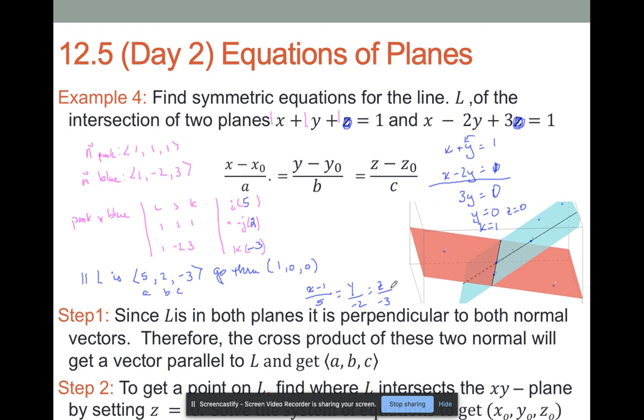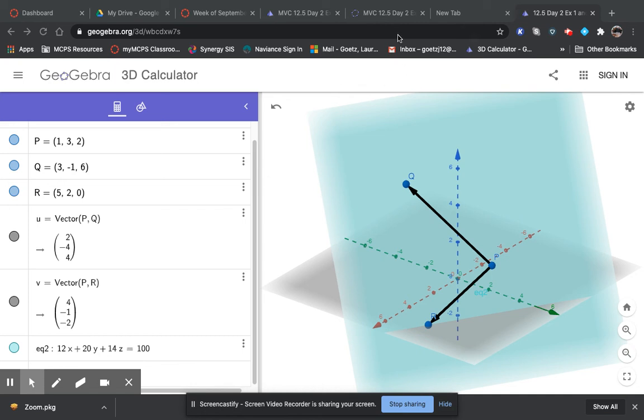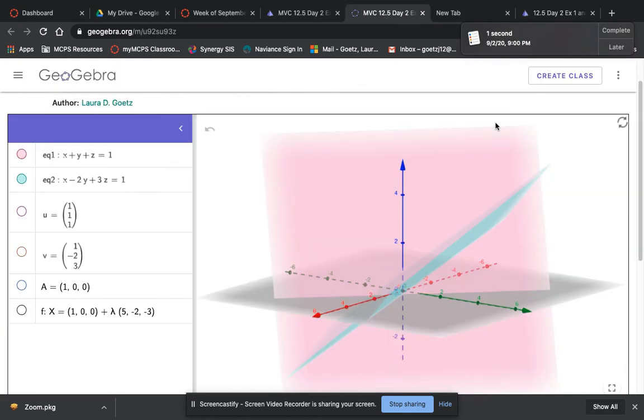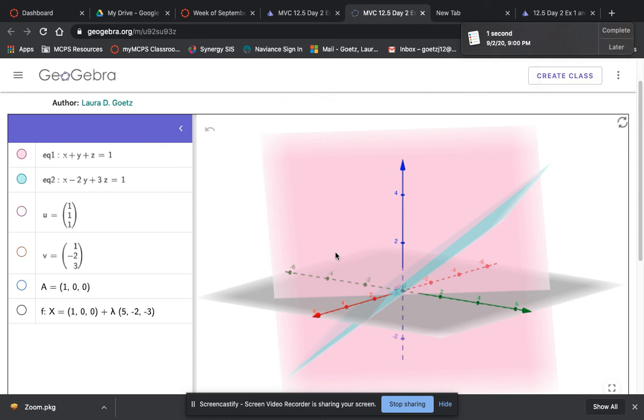All right, let me show a little bit. That was a lot of seemingly rambling math. Let's look at this. Here is the pink and the blue planes, right?